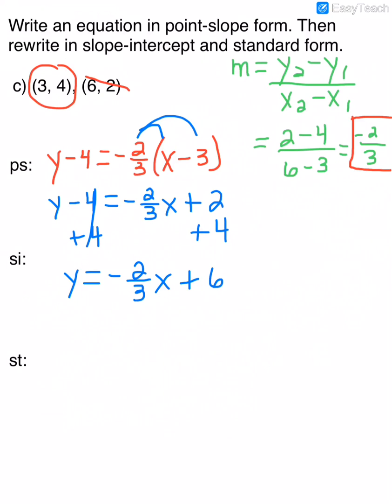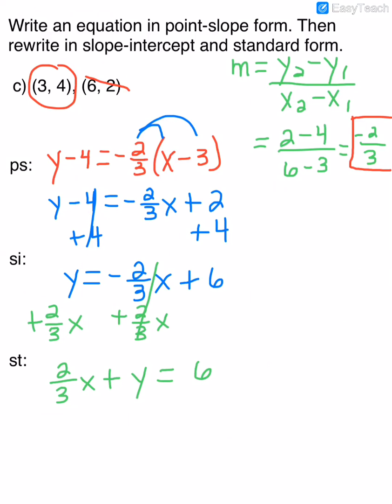So that is slope-intercept form, and then the last thing I need to do is get it in standard form. Okay, so x and y need to be on the same side, so I'm going to add 2/3 x to both sides. So I have 2/3 x plus y equals 6.